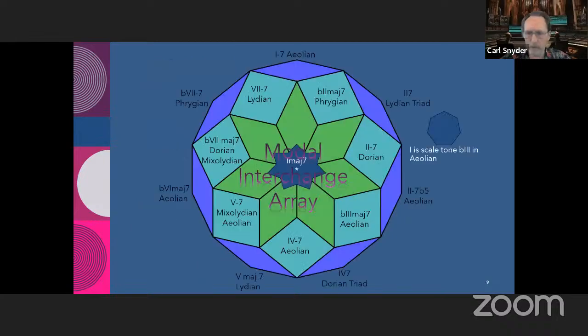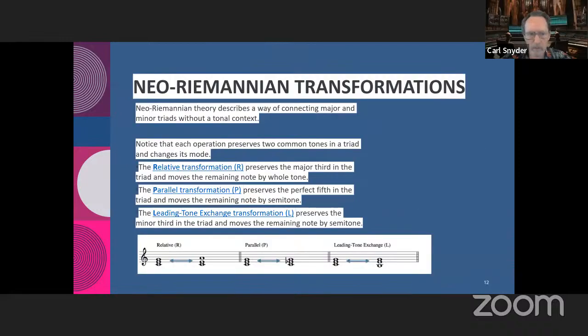And we have its opposite, the relative minor, A minor. So A minor, which is 6, minor 6 for the relative, minor 3 for the leading tone exchange. Okay, so those are the operations in major.